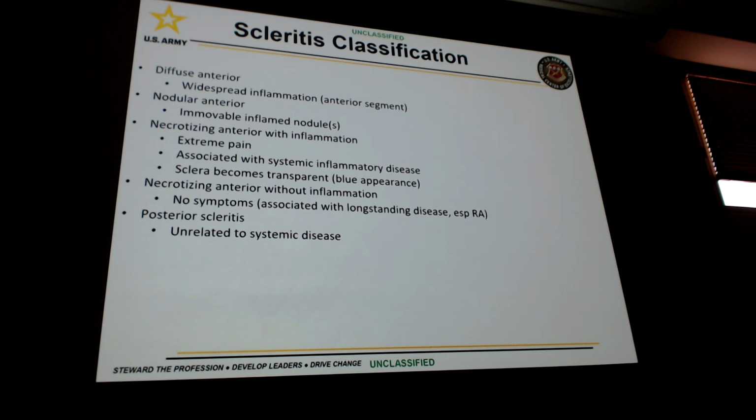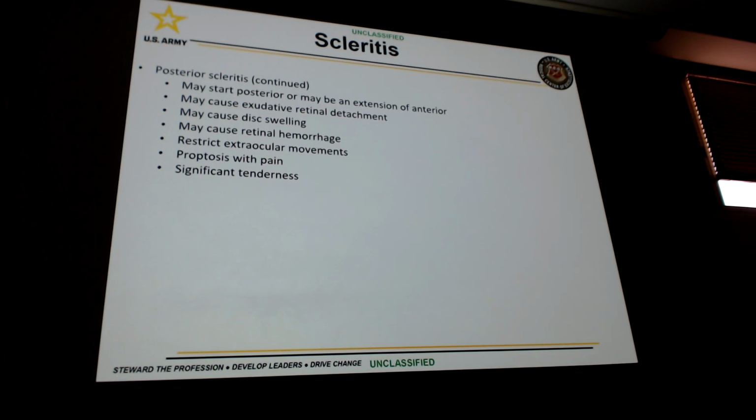You can be necrotizing, and that's what gives the sclera that blue appearance because it becomes too thin. Okay? And then more on posterior scleritis as well. Obviously, if you have something happening in the back of the eye, there are some pretty sensitive things back there, like the optic nerve, so vision can become an issue and more tender.